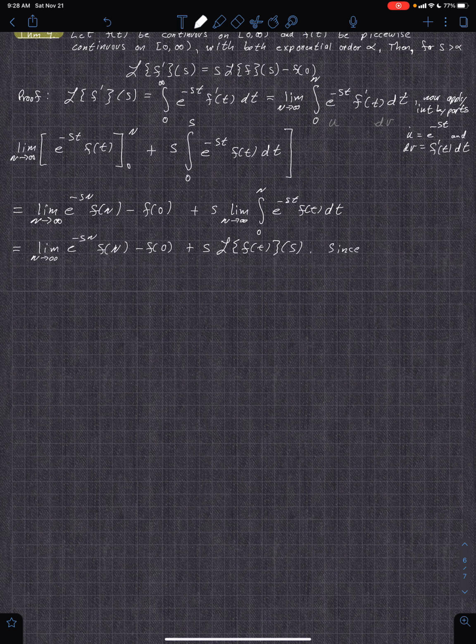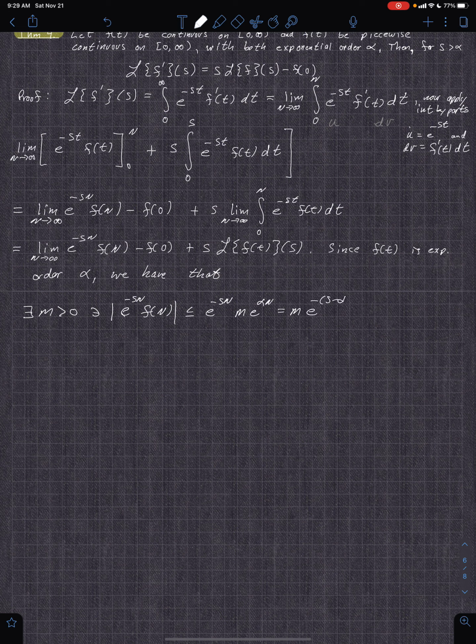Since f of t is exponential order alpha, we have that there exists an m greater than 0 such that the absolute value of e to the negative sn f of n is less than or equal to e to the negative sn, because it's always positive, m e to the alpha n, which equals m e to the negative s minus alpha n.